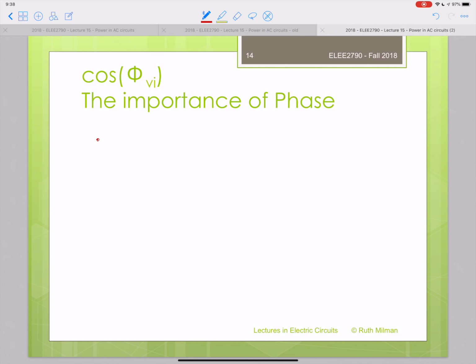Recognize that sometimes you might have a situation where the amount of power that an element needs in order to operate properly is fixed. Well, if that's the case, and you have VA IA times the cosine of the phase shift in your source, then you're only going to have efficiency as long as that cosine is 1, or as long as in the source the phase shift is as close to in phase, or as little, as possible.